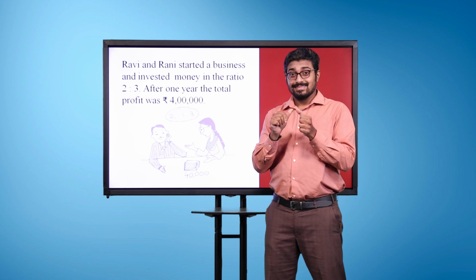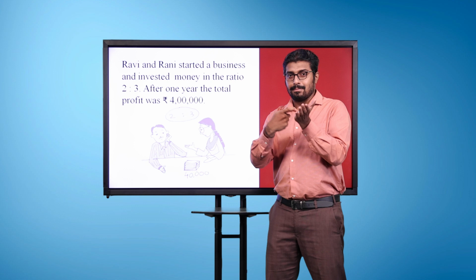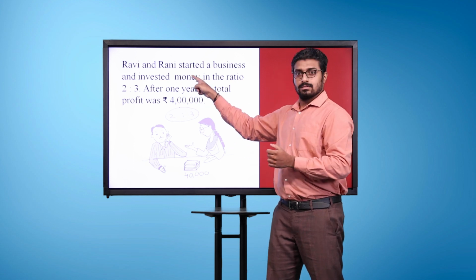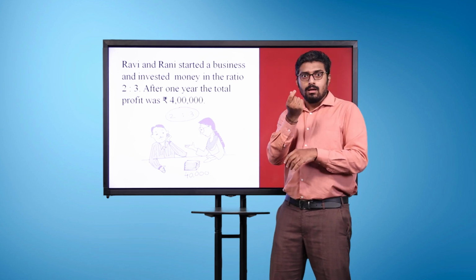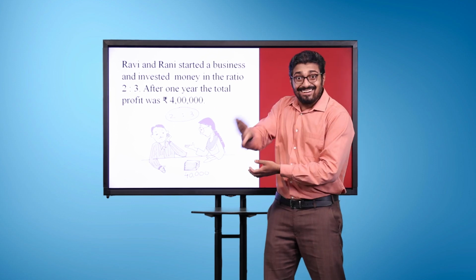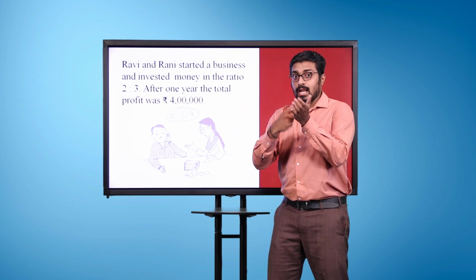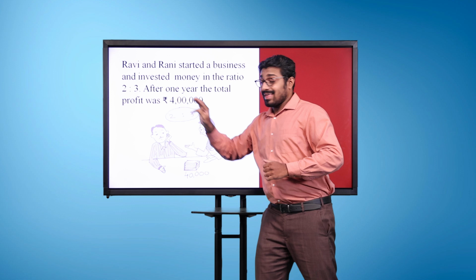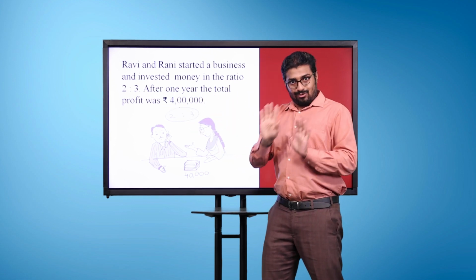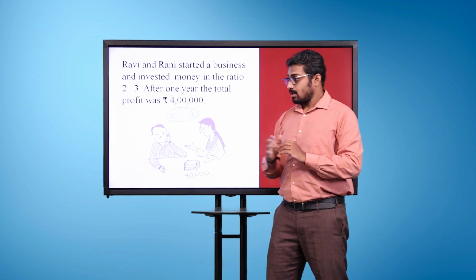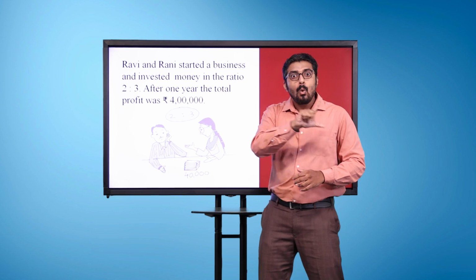Ravi and Rani started a business and invested money in the ratio 2:3. After 1 year, the total profit was 4 lakh rupees.